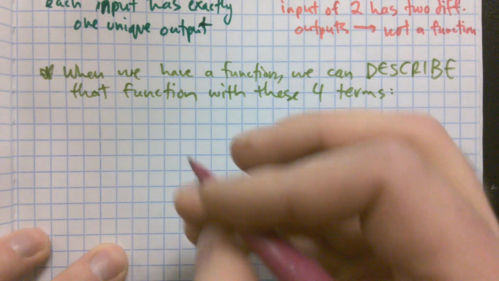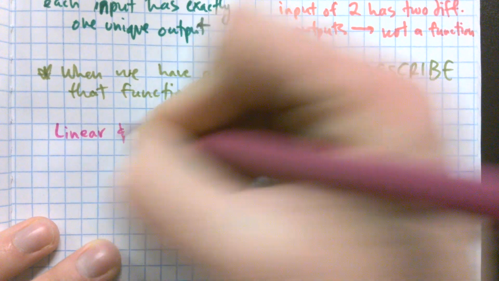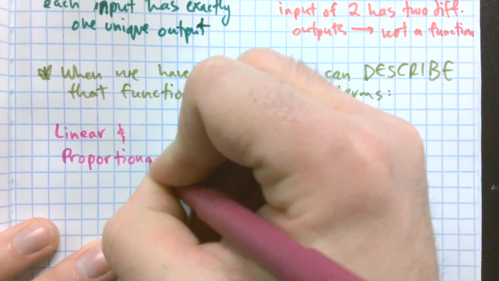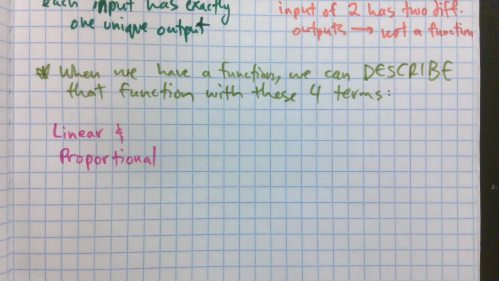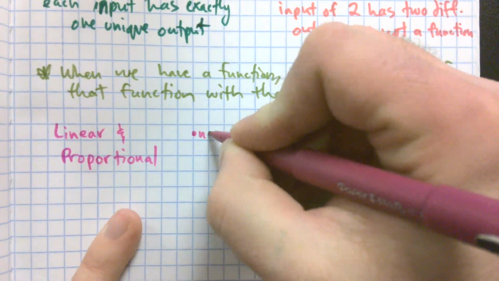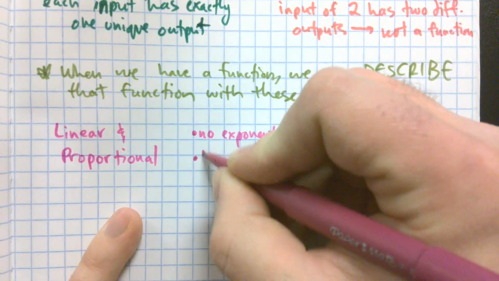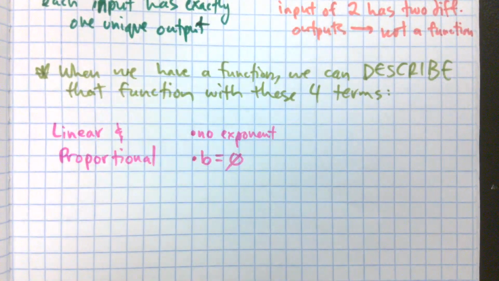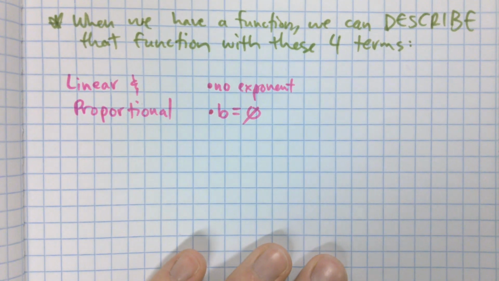Let's start out with linear and proportional. If we have a function that is linear and proportional, we're going to have no exponent and a b value of 0. No exponent, b value of 0.